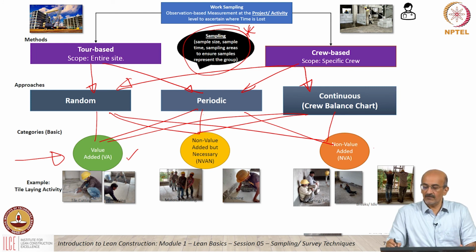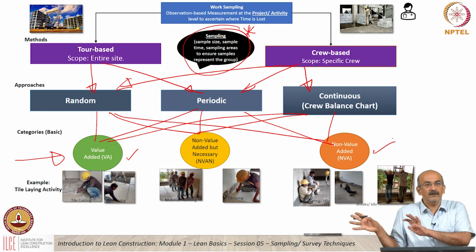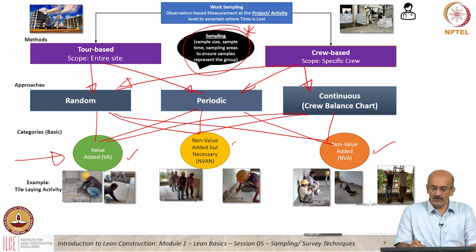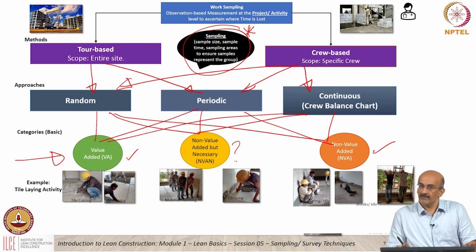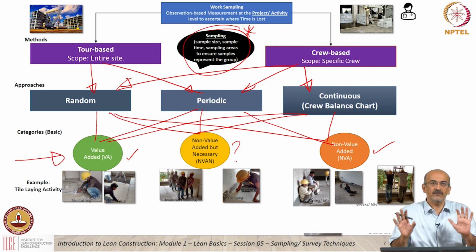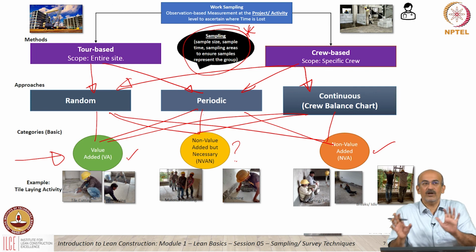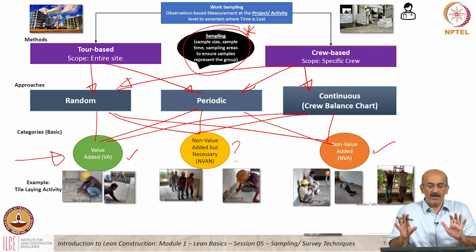If there is a large amount of non value added, that means my waste is more. This category, non value added but necessary, is always a question mark. How can you avoid it? These are discussions and debates we need to have. In many ways, reducing this would also be good, and there are some ways we are able to do that.